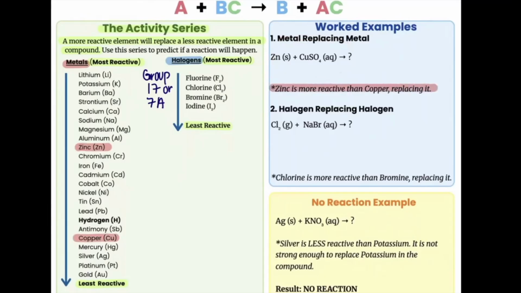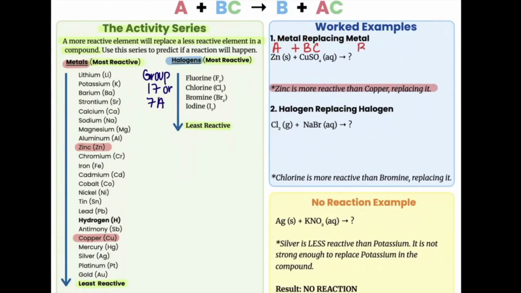The second step is to predict the products. The idea is that A has to be stronger than B. Zinc is your A, copper is your B, and the sulfate is your C. So now we know that A is going to kick out B. Zinc is going to kick out the copper. It's going to replace it.